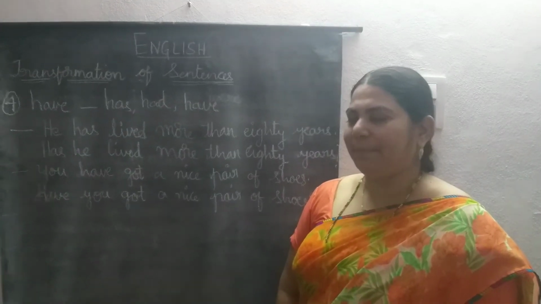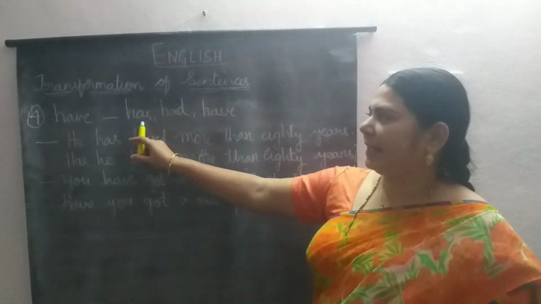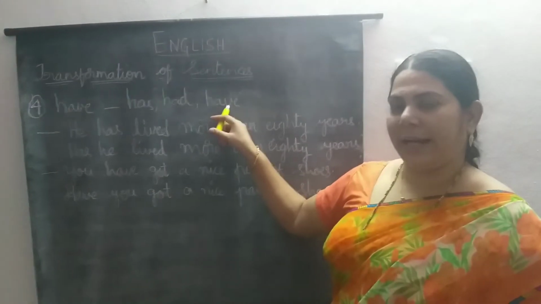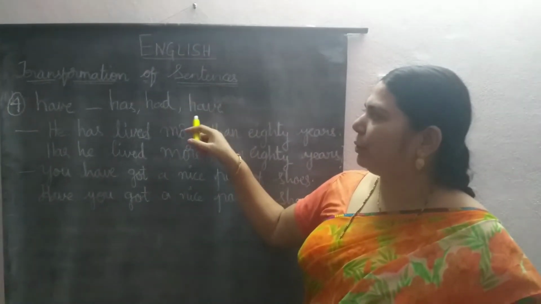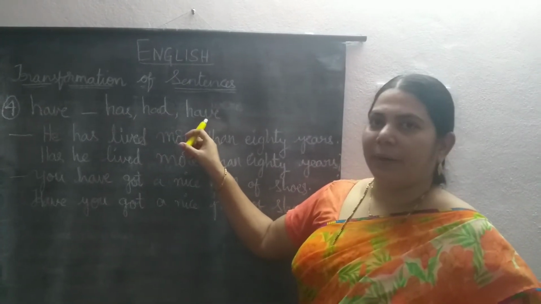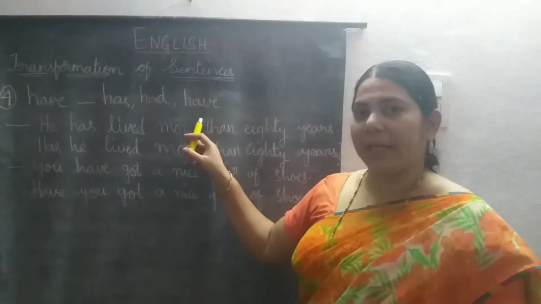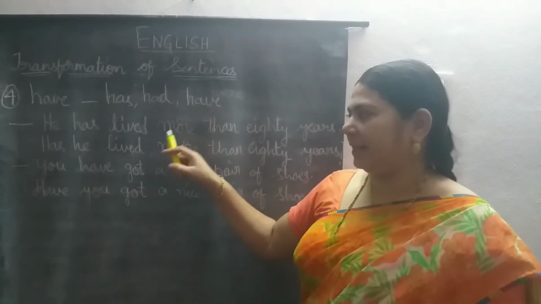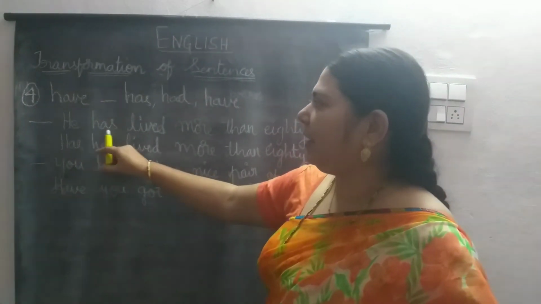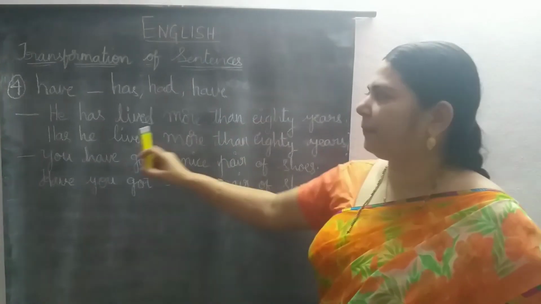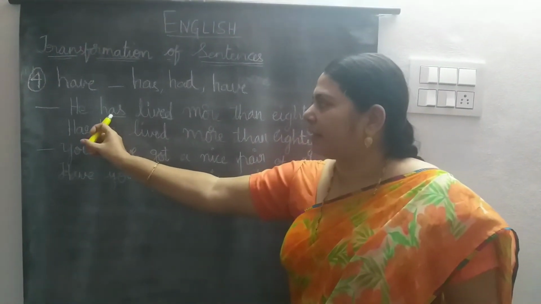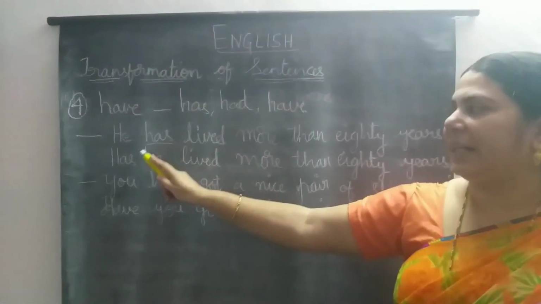Now the fourth type. If we get has, had or have in the declarative sentence, we have to use these verbs in the beginning to make it an interrogative sentence. See here, he has lived more than 80 years. This has to be placed in the beginning.